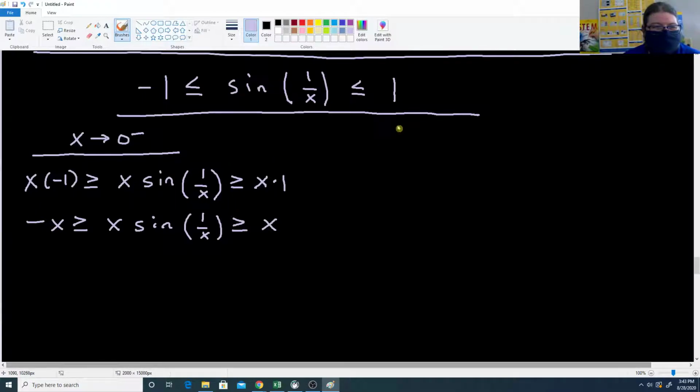Now if x is approaching from the right, if we approach 0 from the right, we're letting x be numbers like positive 0.001. So x is a positive number. And then when we multiply our inequality by x, the inequality direction doesn't have to switch.